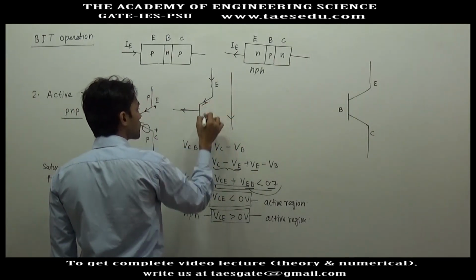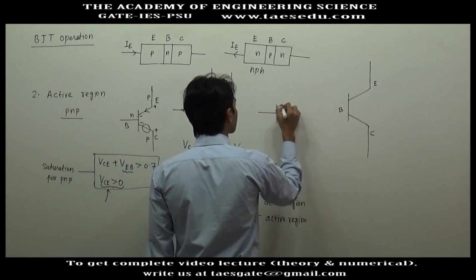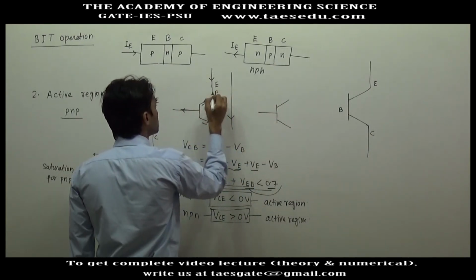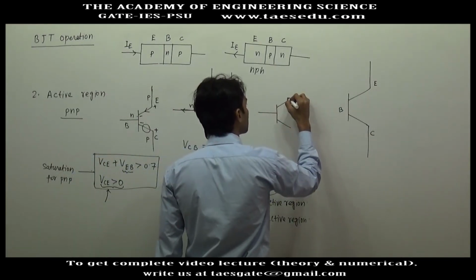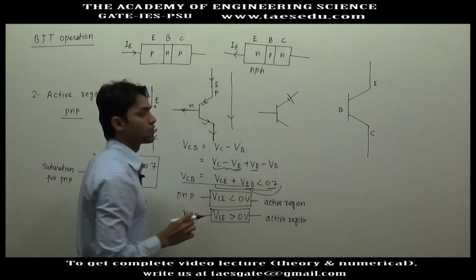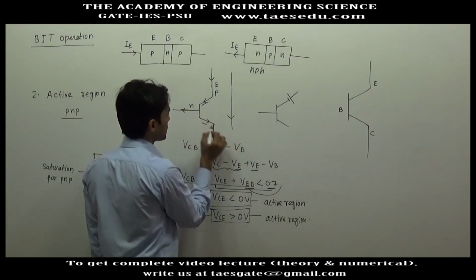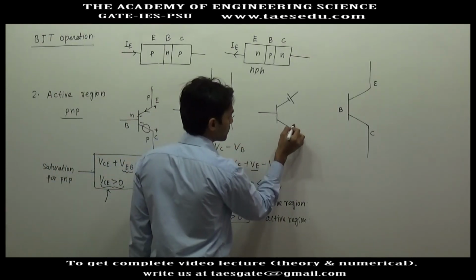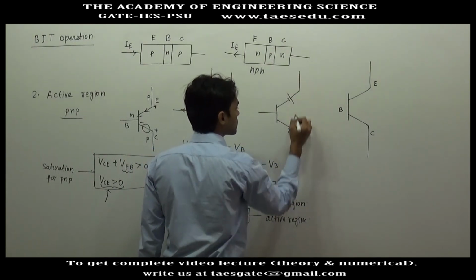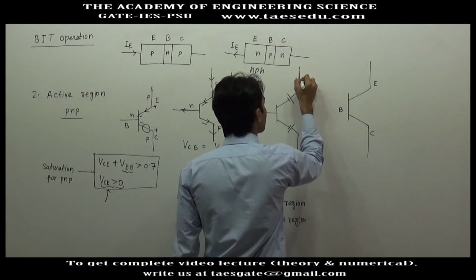If both the junctions are operating in forward mode, this is P, this is N, so at both the junctions there will be a voltage drop of 0.7 volt. This is N, this is P. This is the case of saturation region in case of PNP transistor.